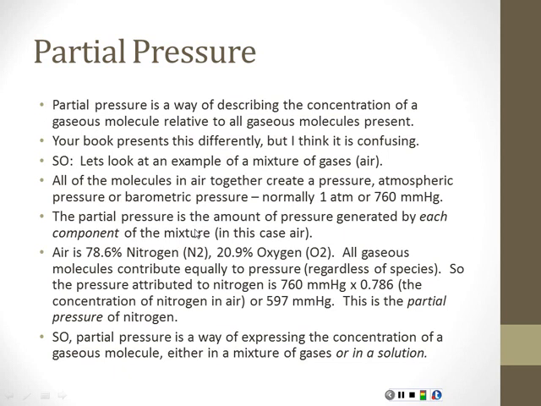Well, all that air together has a pressure. It pushes down on us all the time because the planet's gravity is pulling the air down. So all of the air together has a pressure of 1 atmosphere, or 760 millimeters of mercury. That's how much the air is pushing down all the time.